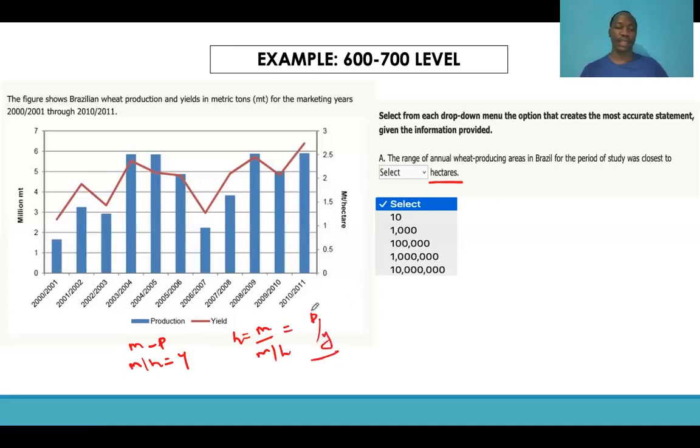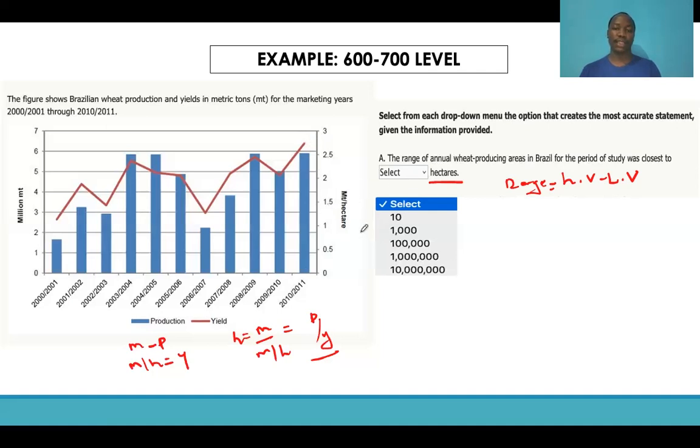To get the range, we take the difference of the highest value and the lowest value in the data set you're given. The highest value here is for the period of 2010-2011, and that also applies to the yield, which is at its highest in 2010-2011.